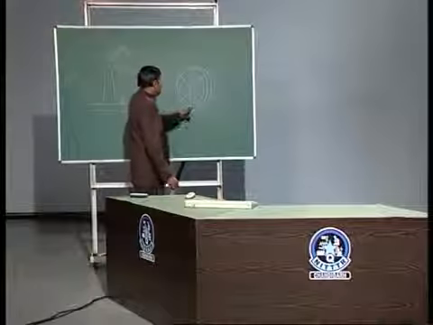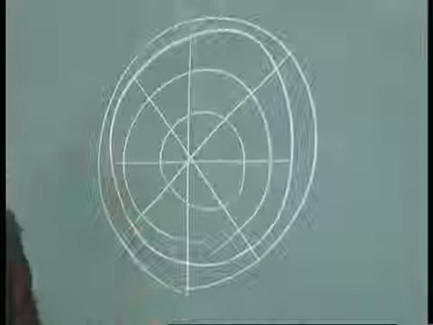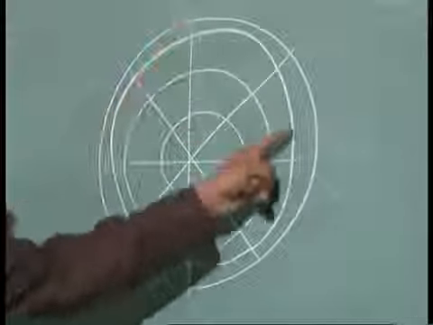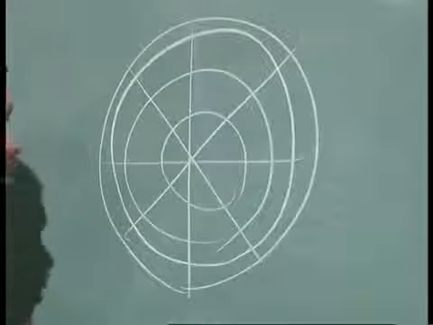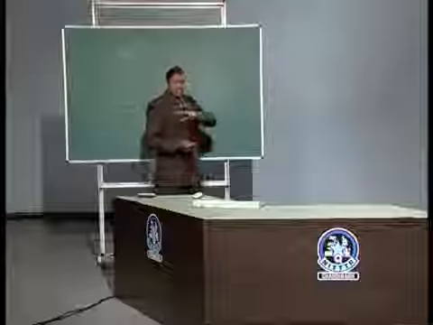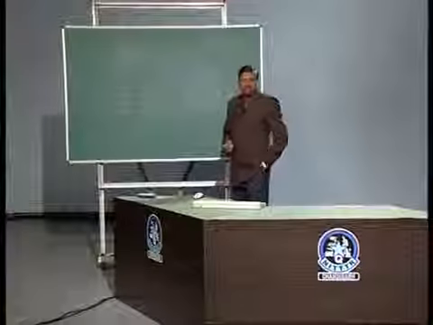So, this is a situation where there is no side lobe. This is a situation called an omnidirectional radiation pattern. In a particular plane, it is radiating uniformly in all directions.